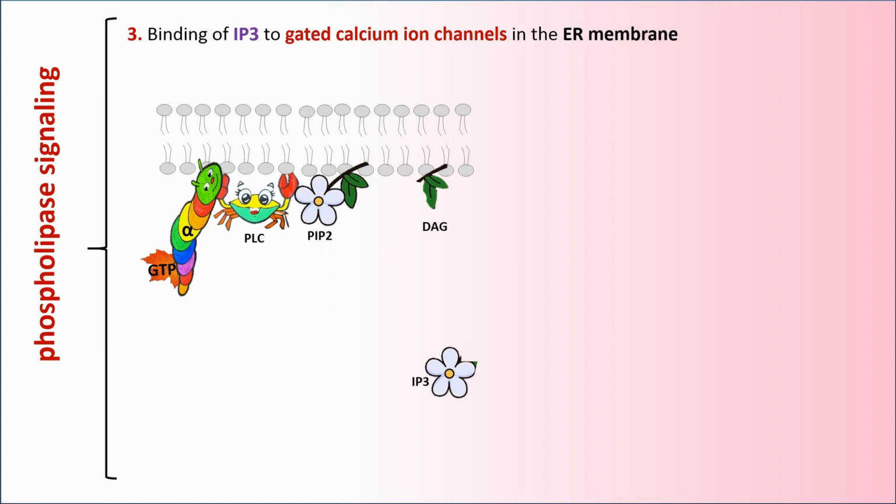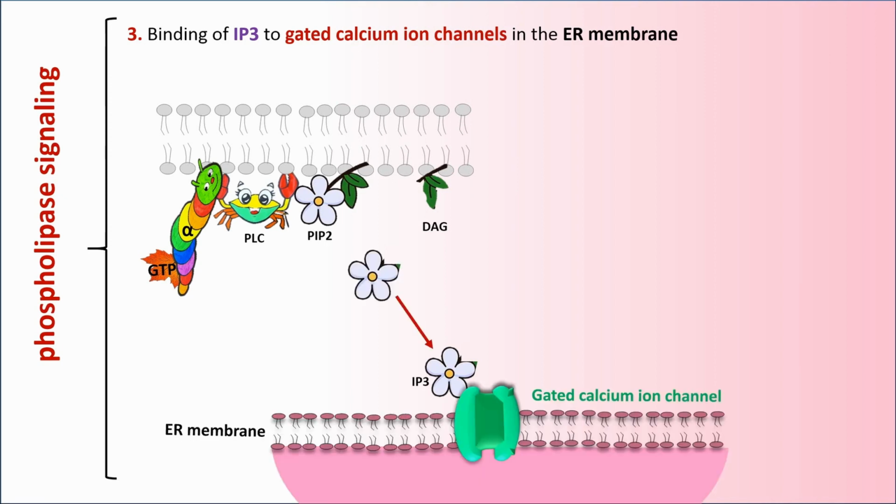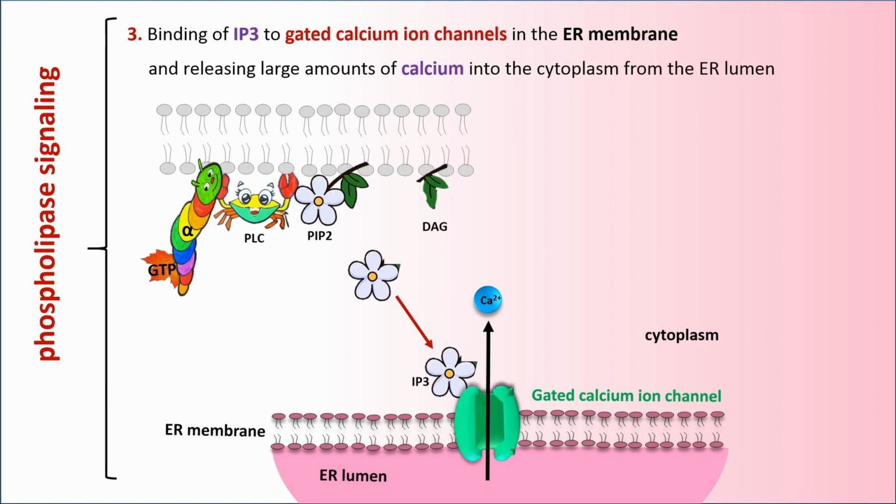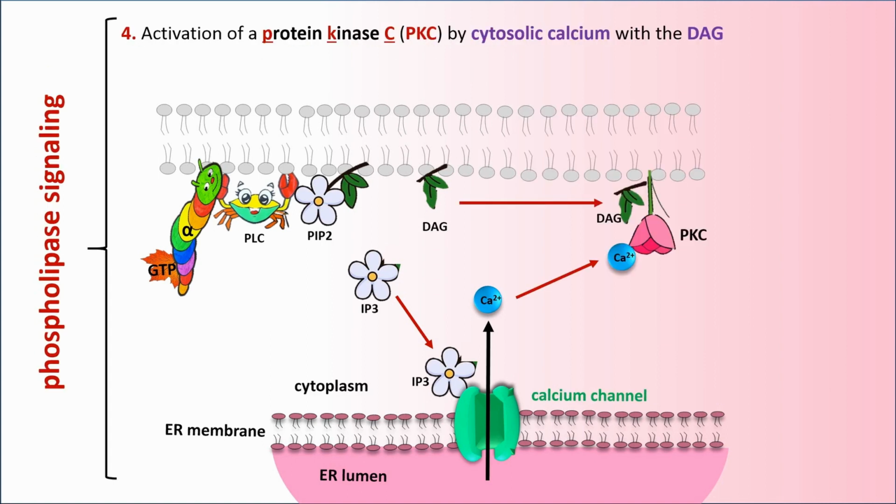Step 3. Binding of IP3 to gated calcium ion channels in the ER membrane and releasing large amounts of calcium into the cytoplasm from the ER lumen.